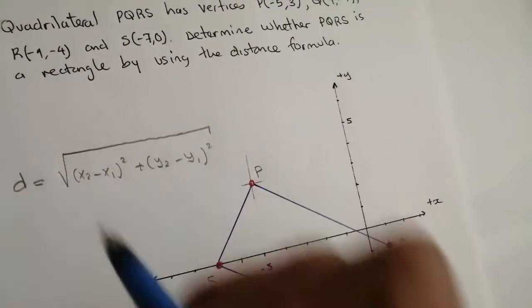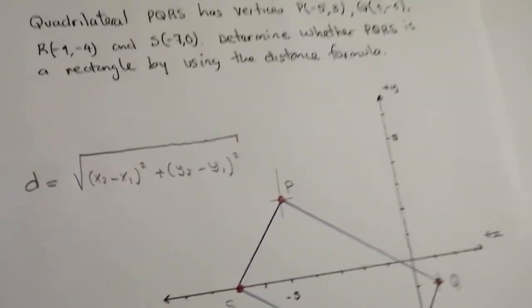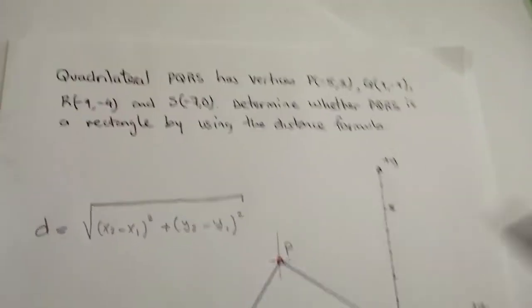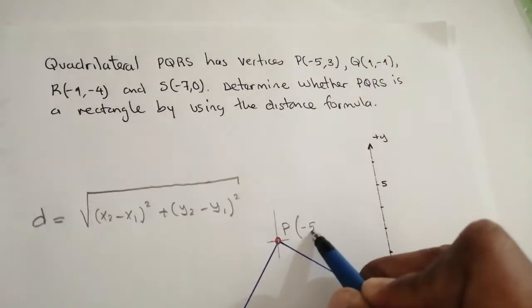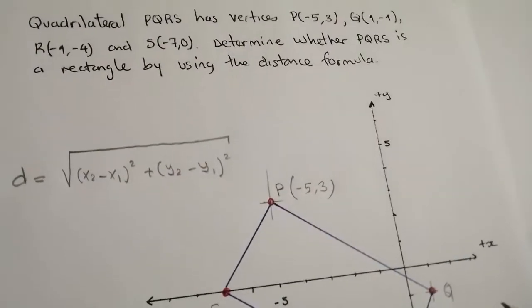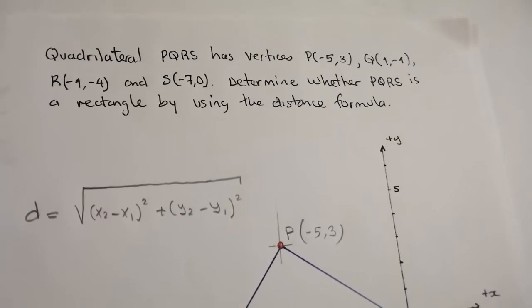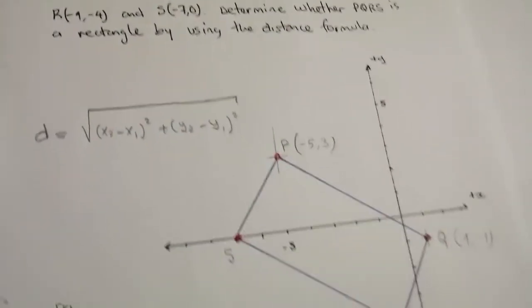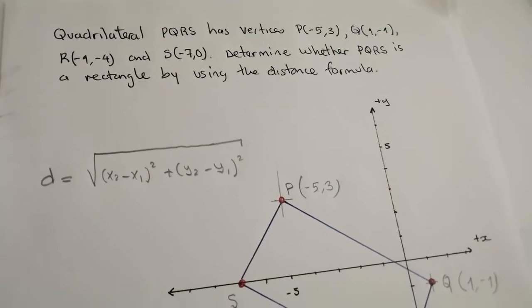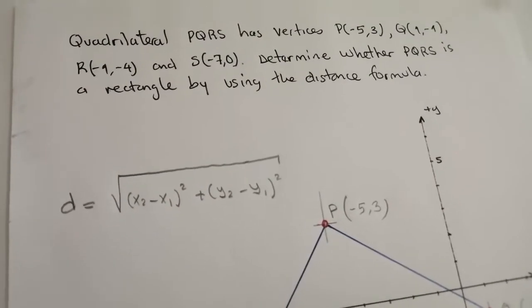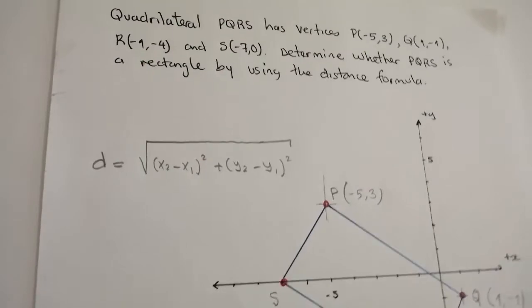That is the distance when two points are given. Let me put the coordinates in here: P (-5, 3), Q (1, -1), R (-1, -4), and S (-7, 0).